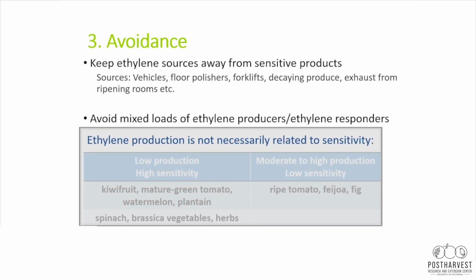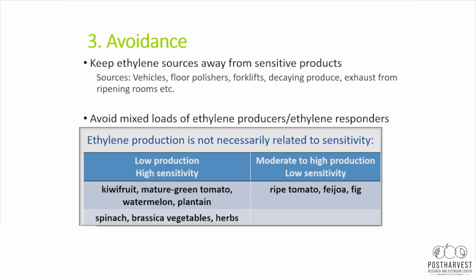You want to avoid, that's very important, mixed loads and mixed shipments of ethylene producers and ethylene responders. And it's very interesting to see that ethylene production doesn't necessarily mean ethylene sensitivity.